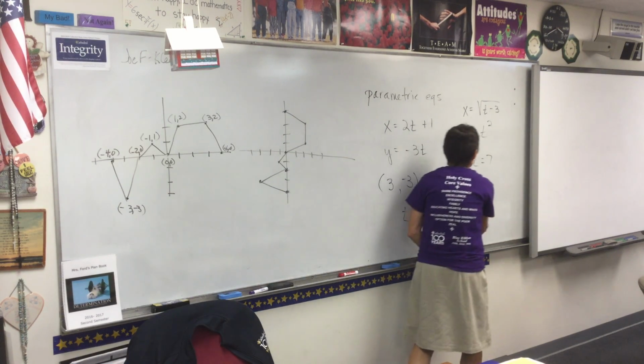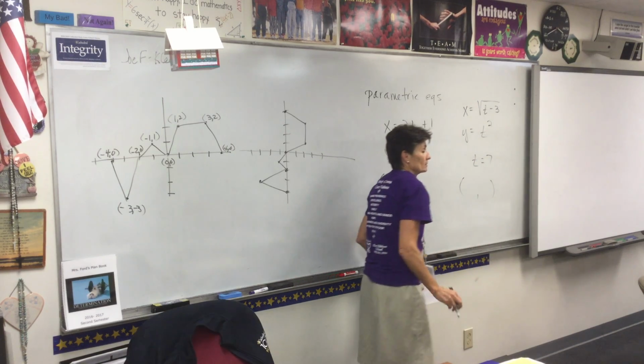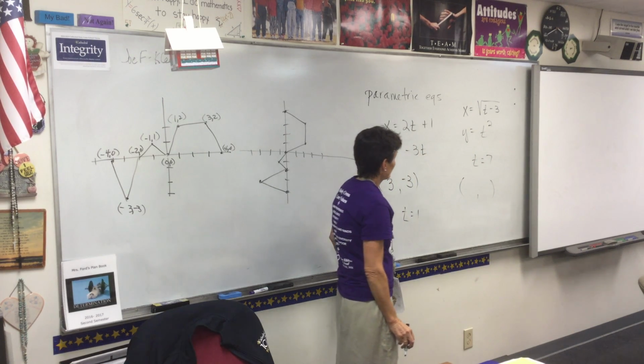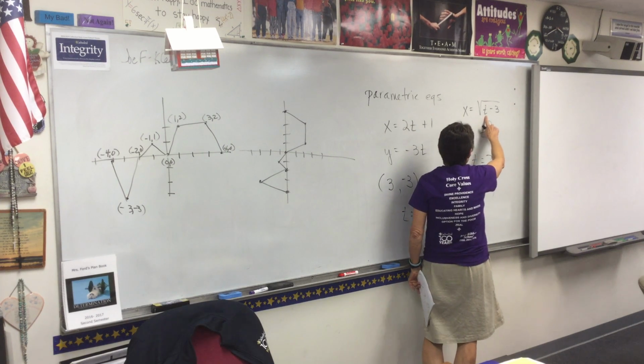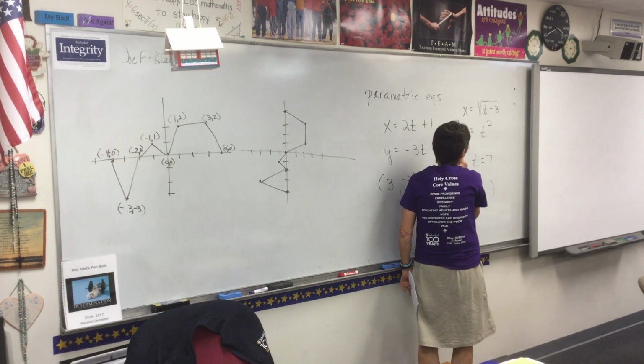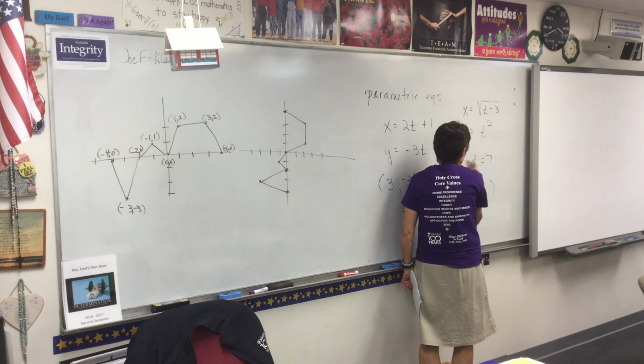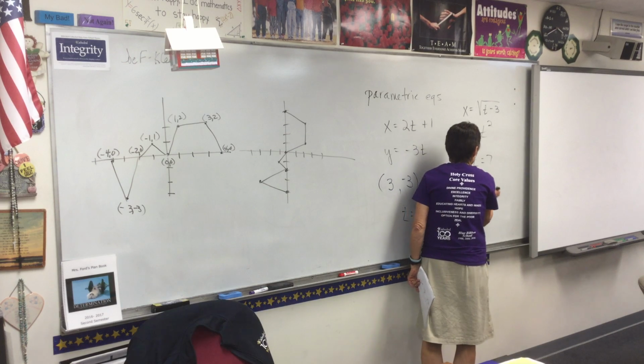Your job is to find the ordered pair. So here we go, let's plug in 7. So x is 2, and y is 49.